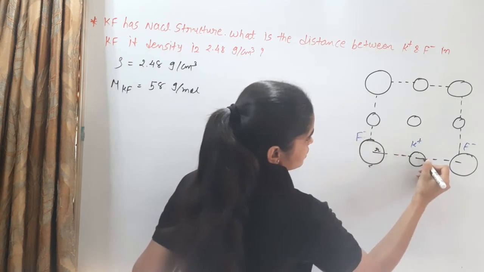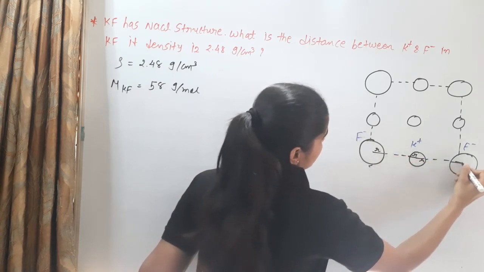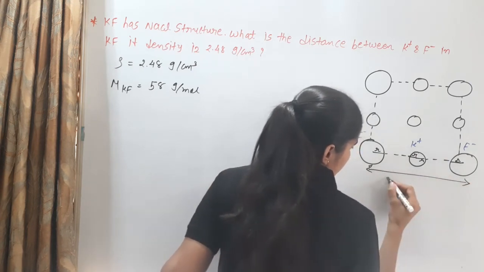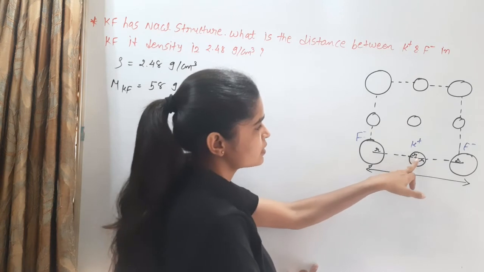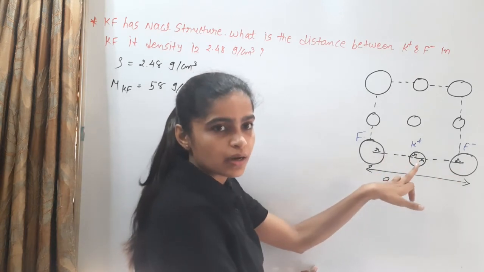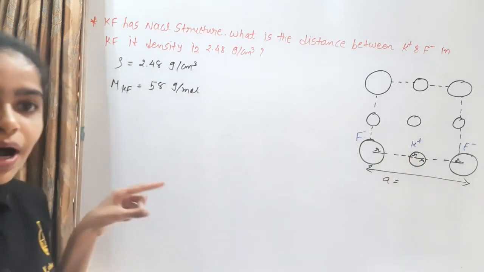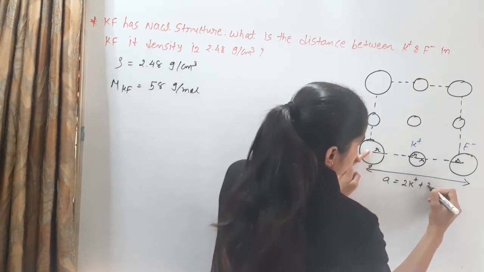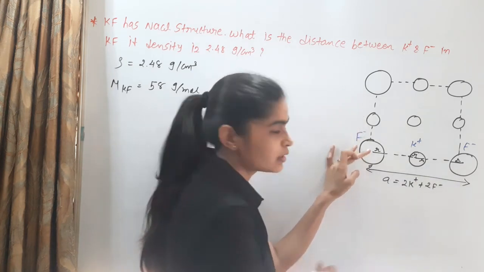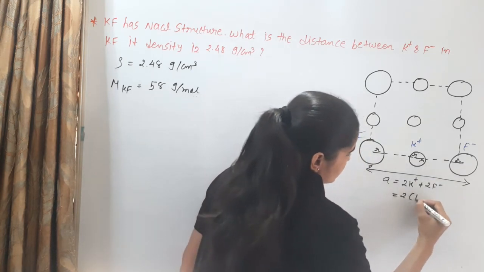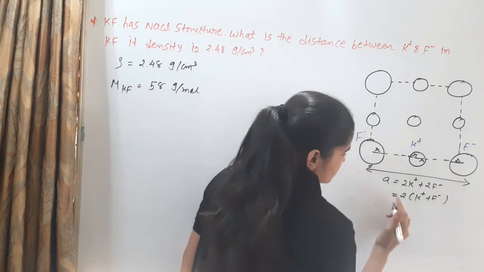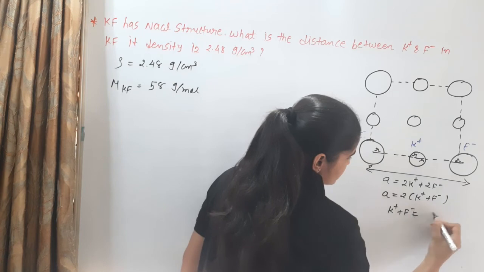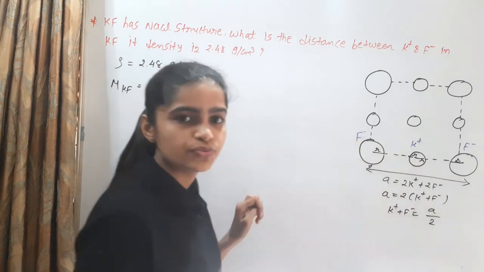This is R and this is R. So the total edge length A is equal to R plus R and this is R plus R. So A is equal to 2R, meaning 2K plus and 2F minus. K plus F minus is equal to A. So the K plus and F minus distance is equal to A by 2.